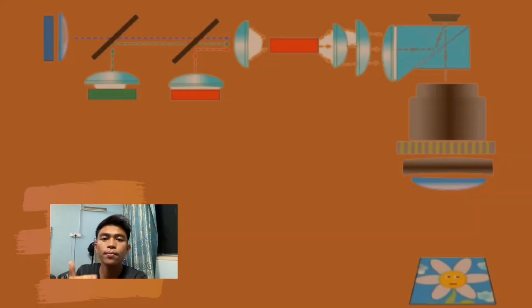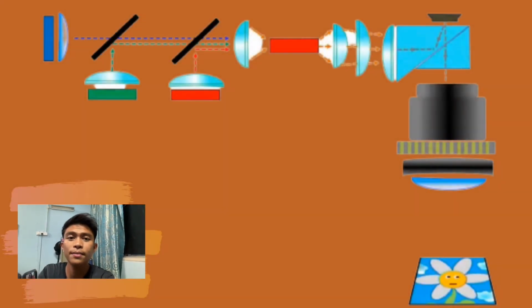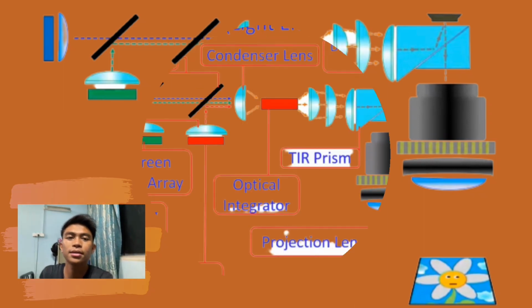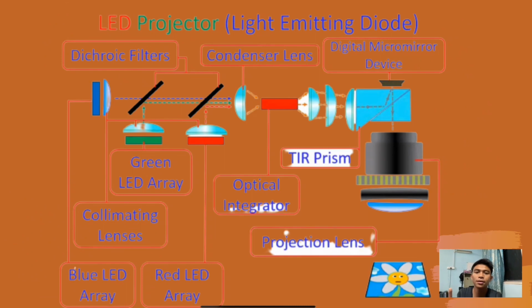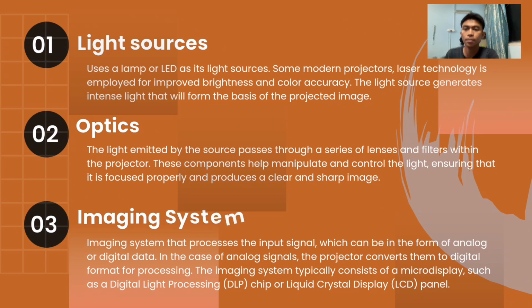This is how a projector produces an image from inside the components of the projector. Okay, for more details, I already provided an LED projector, with each element inside the projector named on this slide. So I will present the working principle of the projector.